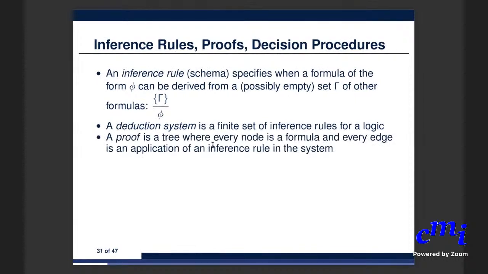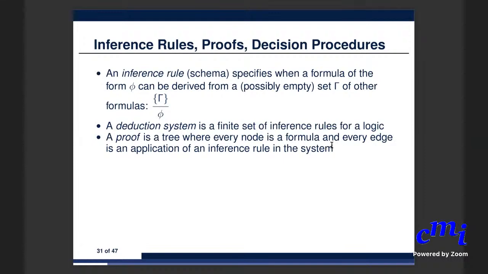Then a proof is a tree where every node in the tree is a formula. It's more like a derivation of a conclusion from a set of assumptions, starting with a set of assumptions.